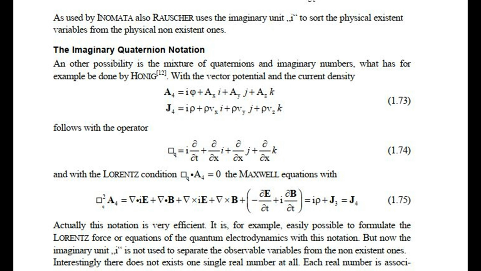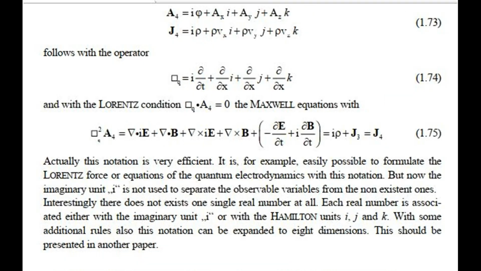But now the imaginary unit I is not used to separate the observable variables from the non-existent ones. Interestingly, there does not exist one single real number at all. Each real number is associated either with the imaginary unit I or with the Hamilton units I, j and k. With some additional rules also this notation can be expanded to 8 dimensions. This should be presented in another paper.